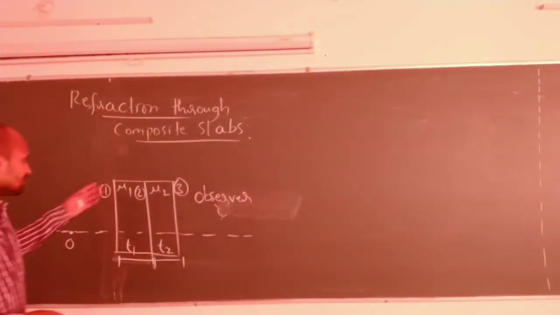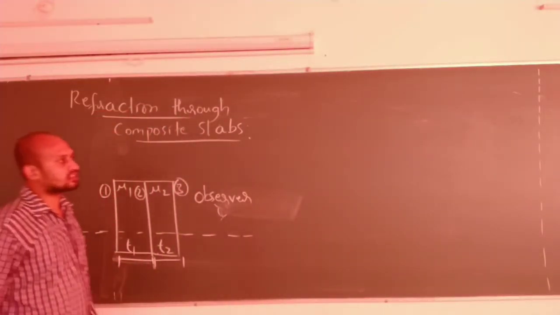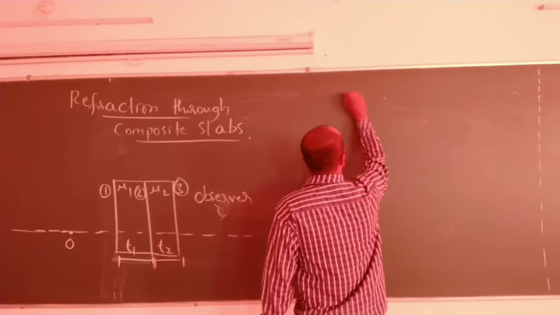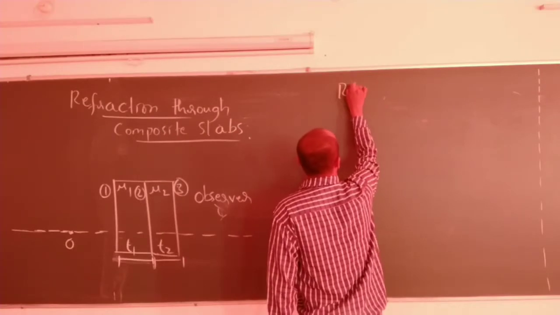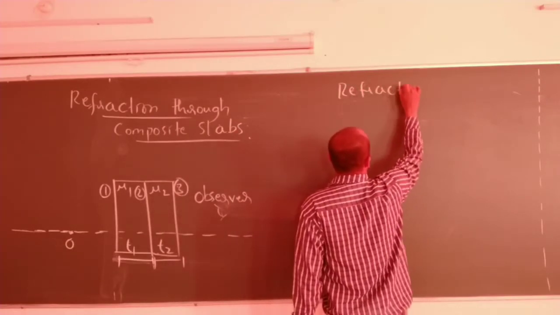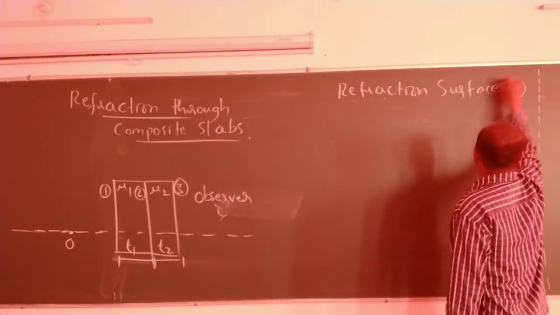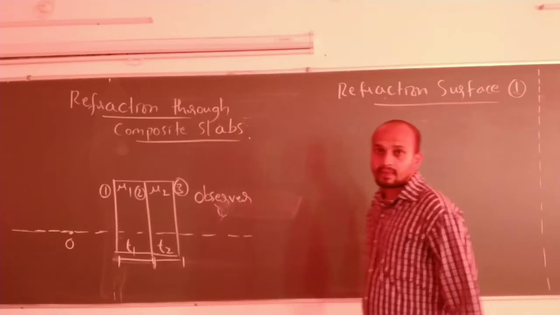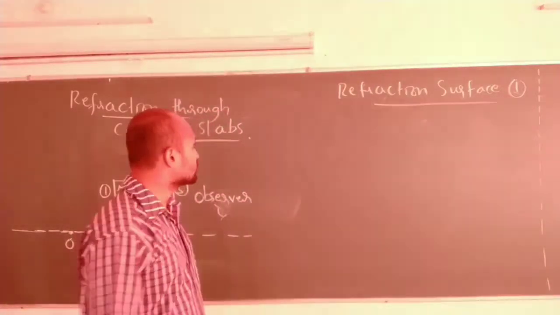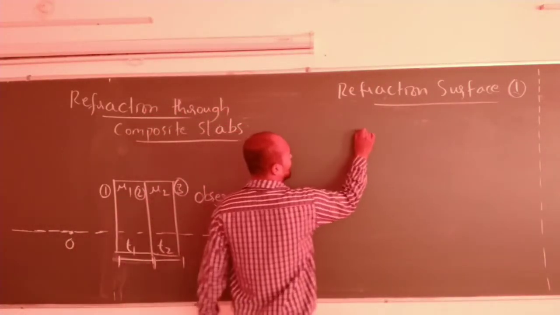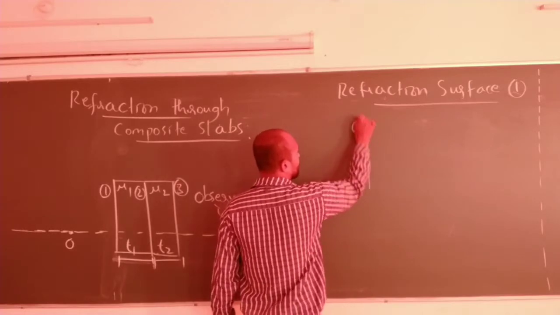Correct now? Let us deal with the refraction at surface 1. If you look at this surface, surface 1 will be like this.